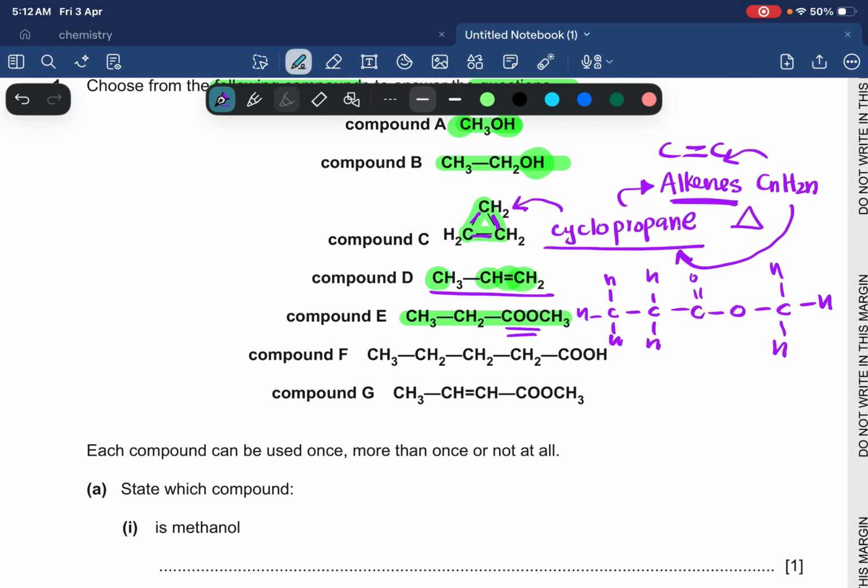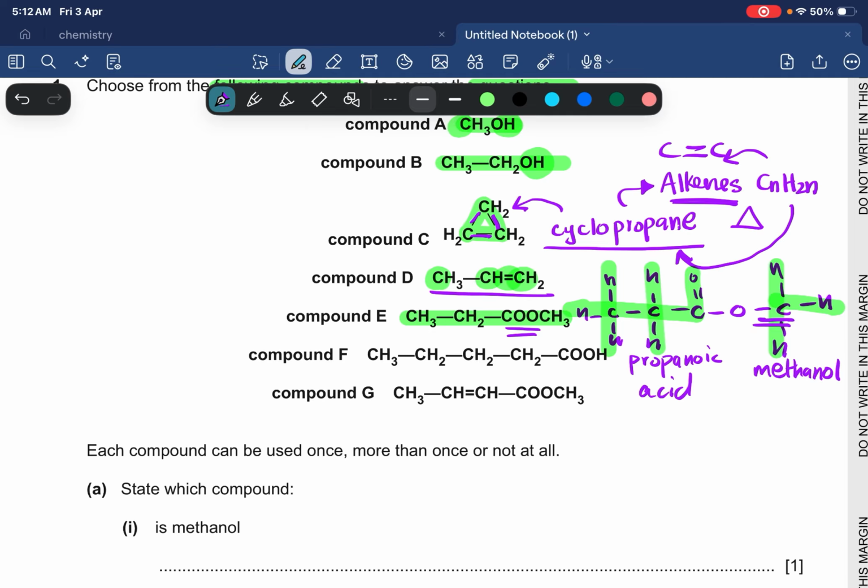You see which part belongs to your alcohol. This entire part belongs to your acid, and this part belongs to your alcohol. So this is 1, 2, 3: propanoic acid, and there is one carbon in the alcohol, so methanol.